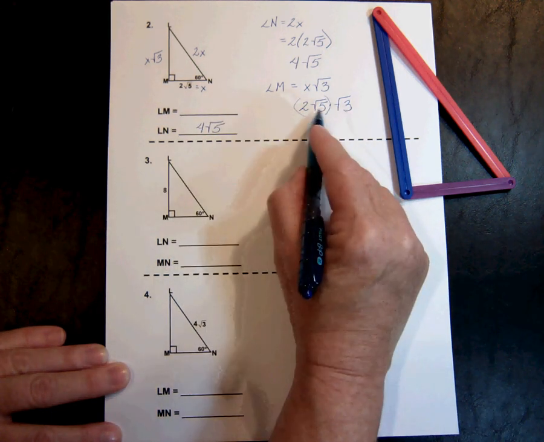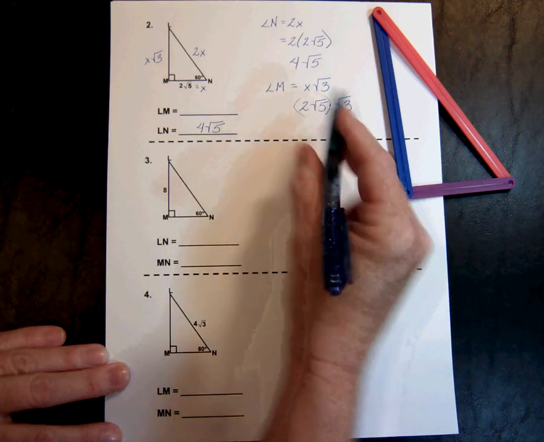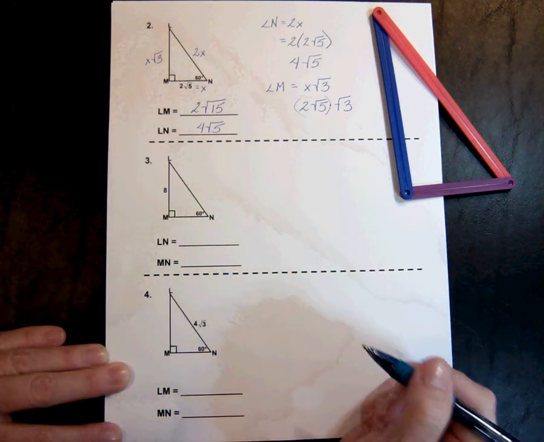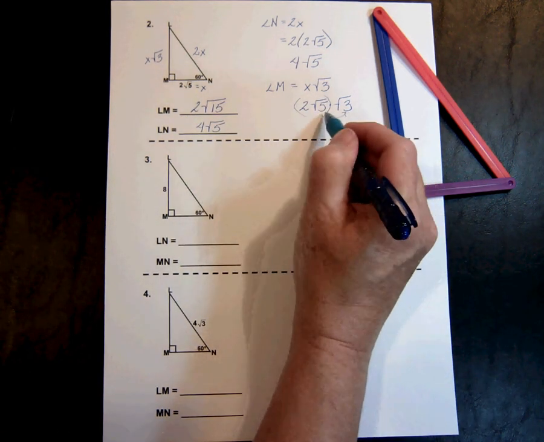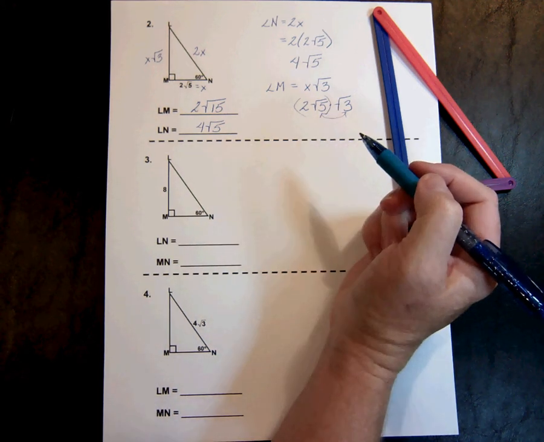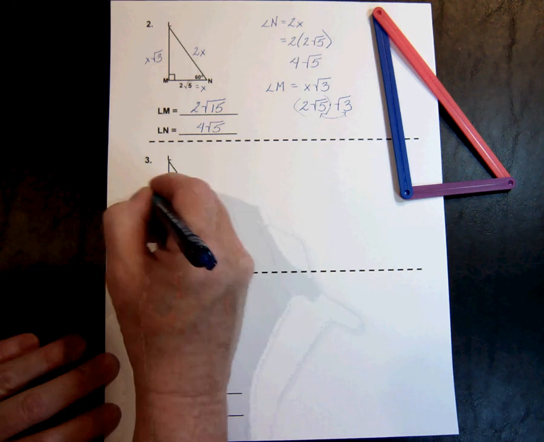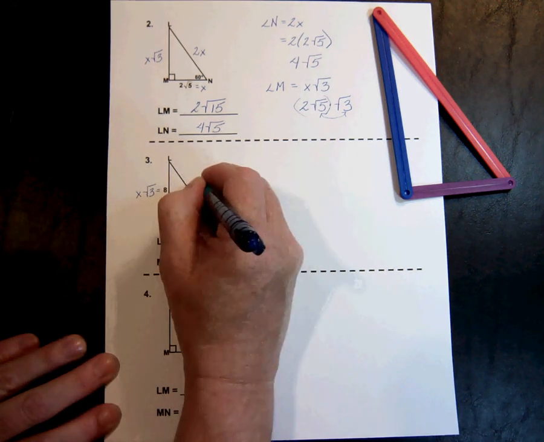The only thing that can be multiplied here are what's under the radical, so this is 2 square roots of 15. Only multiplying these two together. Only the radicals. Okay, again, let's label our sides. X, this is equal to x square roots of 3, and this is 2x.